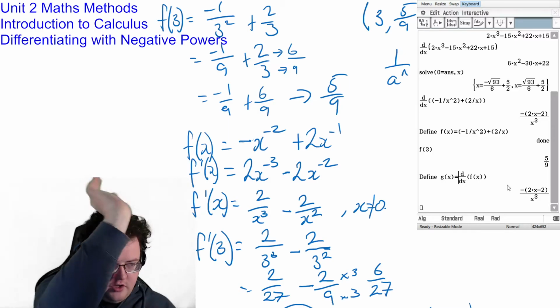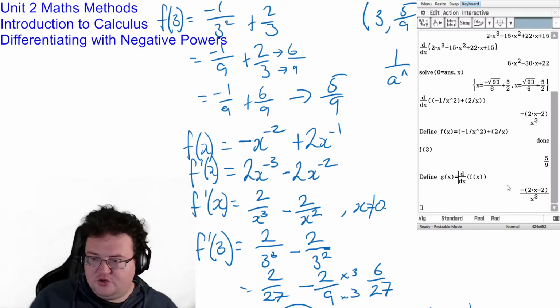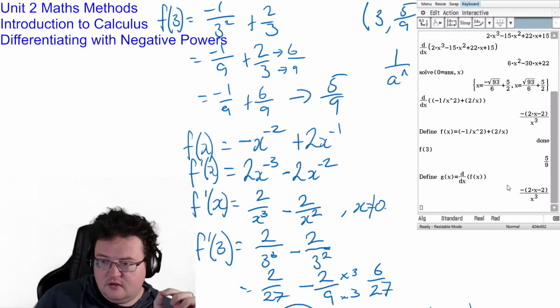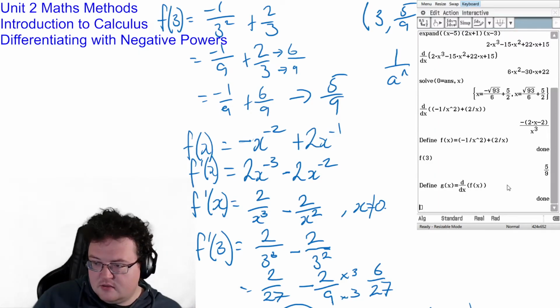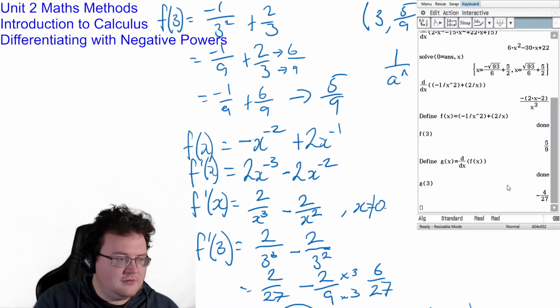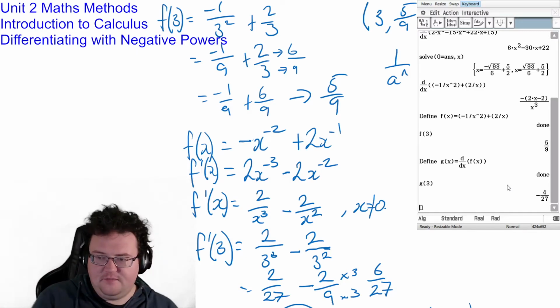And this works for all the other derivative questions that you might do. So defining g of x as being the derivative of f of x means that when I type in g of 3, it now just straight away spits out the derivative. It finds the derivative of f of x and then substitutes in the value that I want.